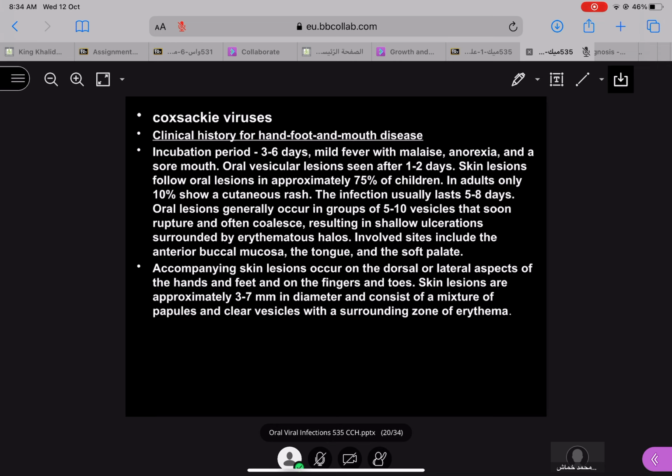Oral lesions generally occur in groups of 5 to 10 vesicles that soon rupture and often coalesce, resulting in shallow ulceration surrounded by erythematous halo.